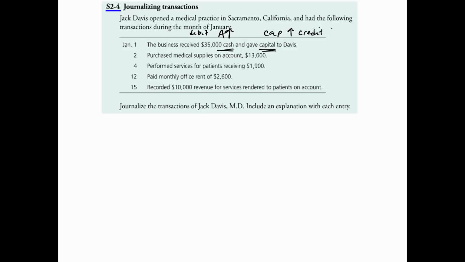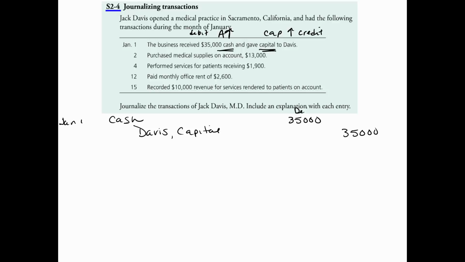So now that I know which is a debit and which is a credit, I can enter them in the journal. So on January 1, my debit will be to cash for $35,000. And then I do the debit first, and then I do the credit. So it'll be Davis Capital, and then that'll come over here.